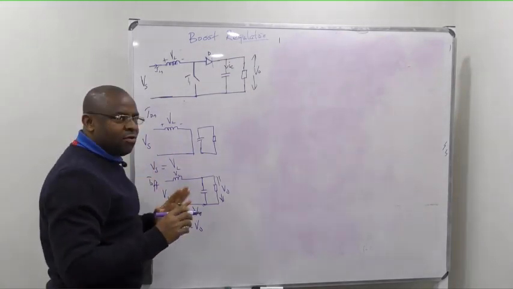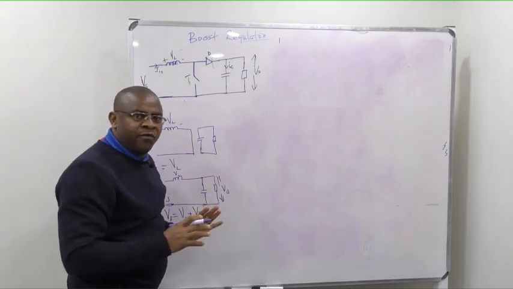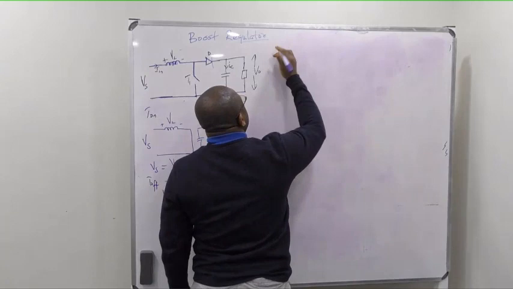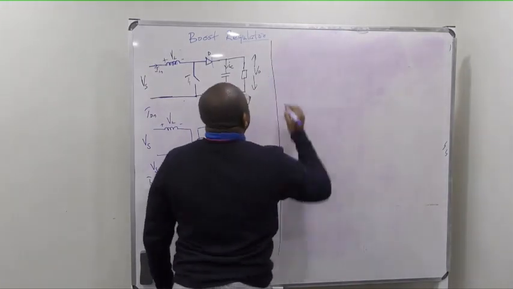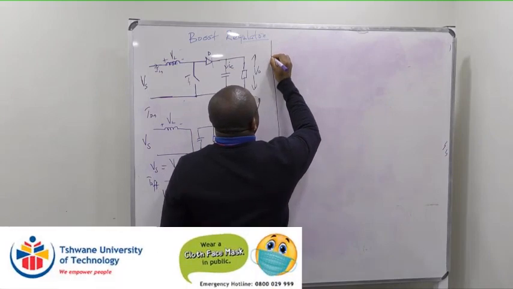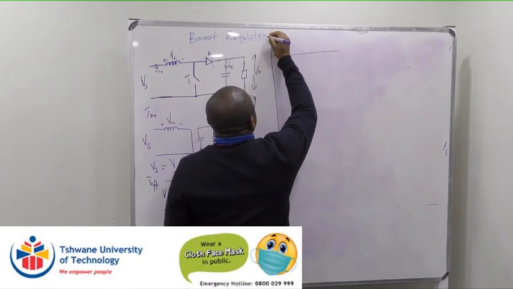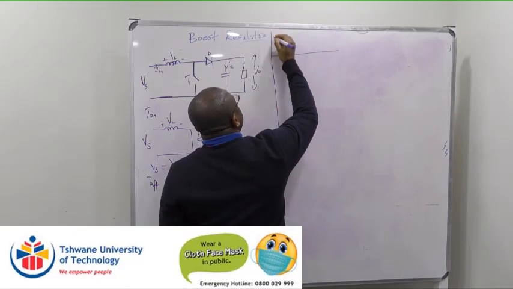Now, we want to look at the waveforms, okay? The first thing is, let's sketch a line, and then here we have our switch, T on.